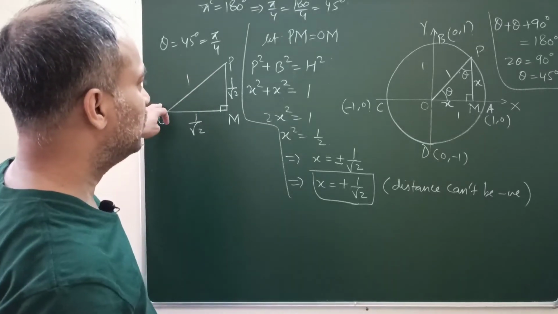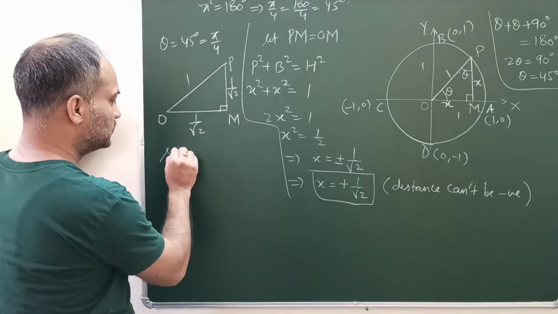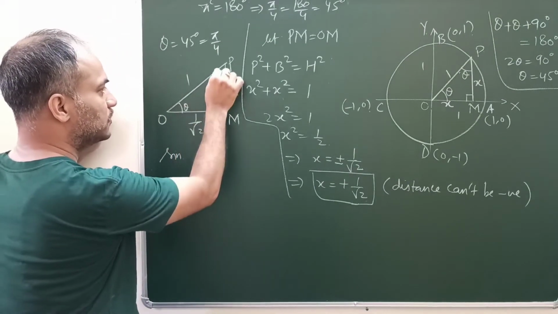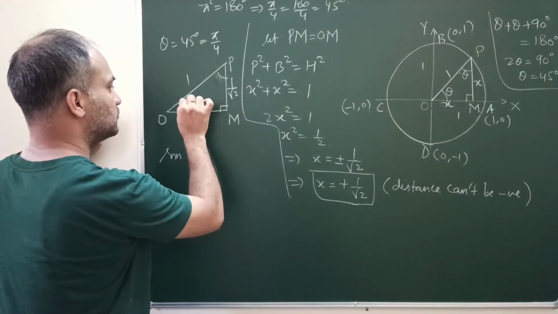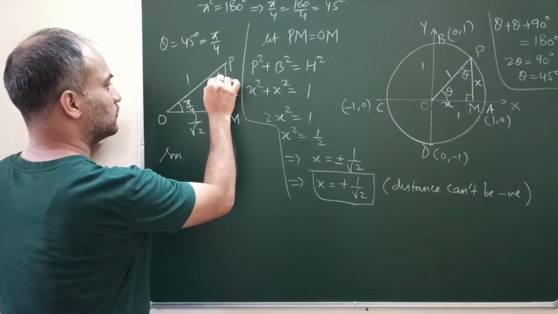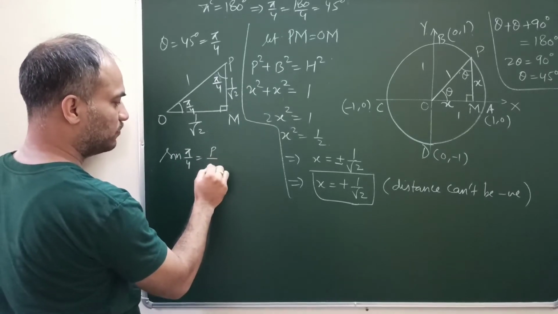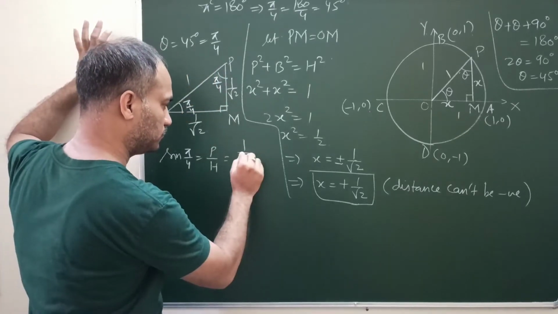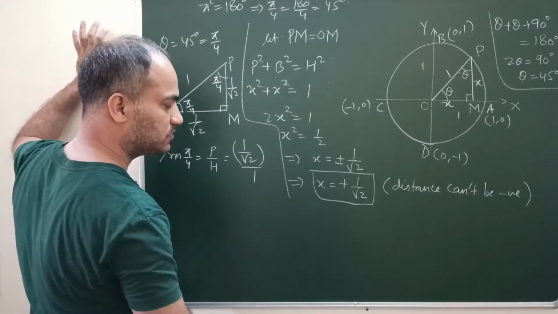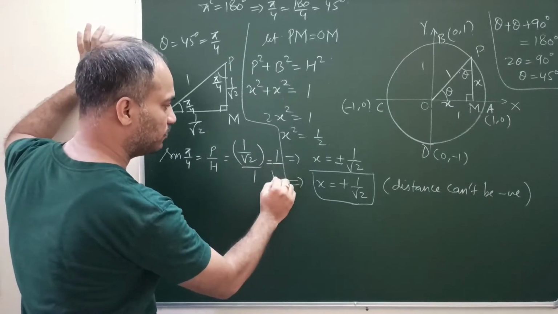Now in this triangle, this is theta, this is also theta, and the angle is already given to us, this is pi by 4. So sine pi by 4 is how much? This is perpendicular upon hypotenuse. Perpendicular is 1 by root 2 and hypotenuse is 1. So we can say the value of sine 45 degrees is 1 upon root 2.